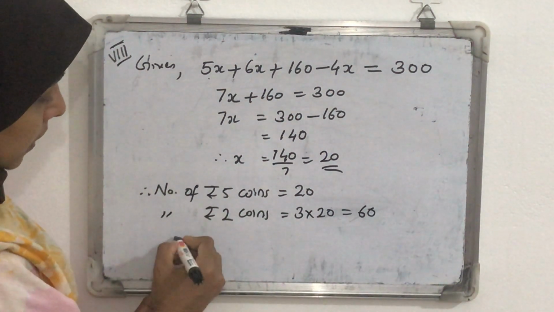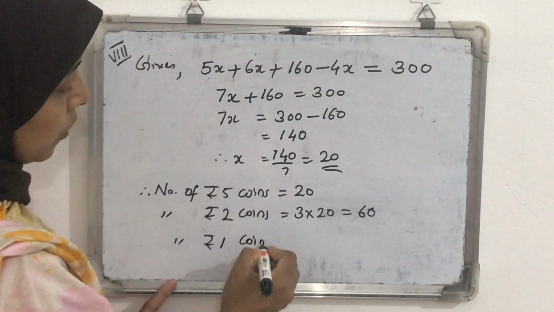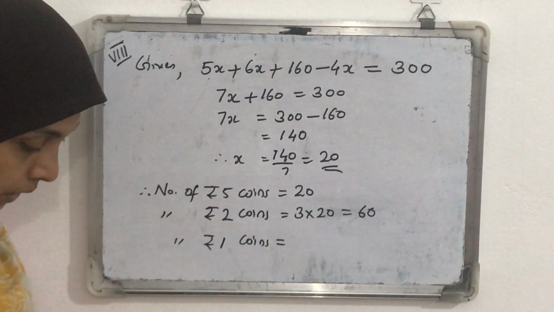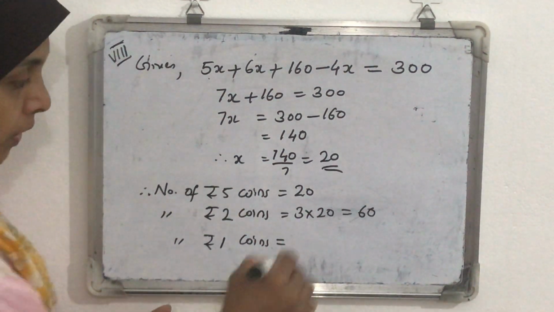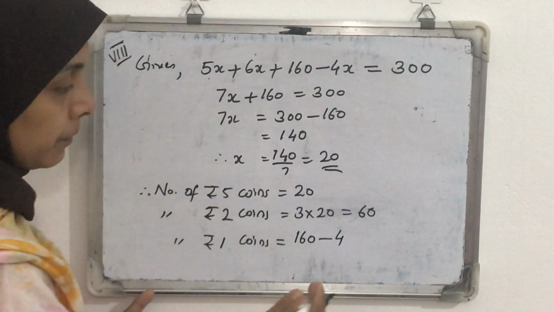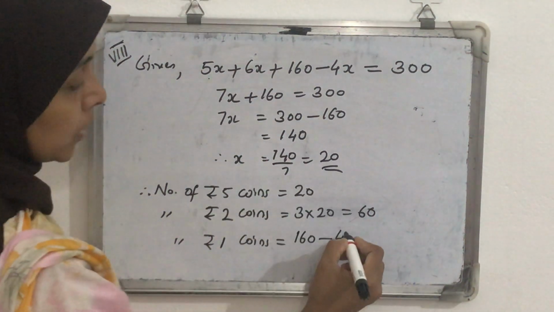Just like, what is the number of 1 rupee coins? Its number we took as 160 minus 4x. Is it 4 into x? The x value we know, that is 20.